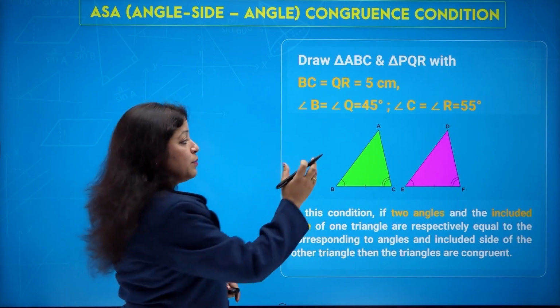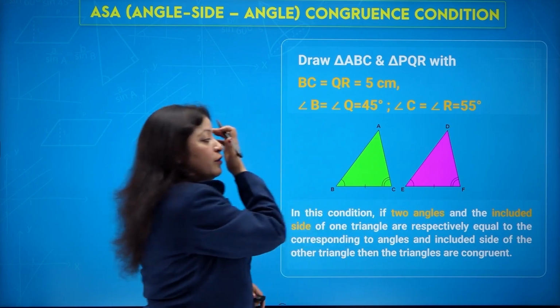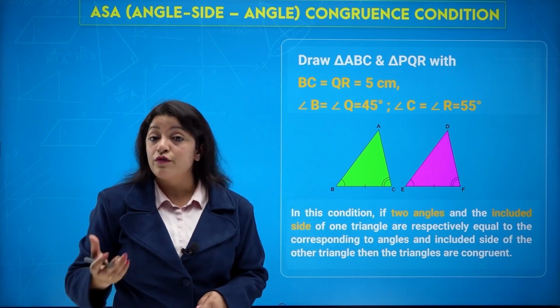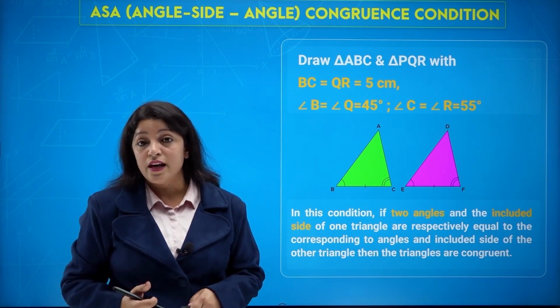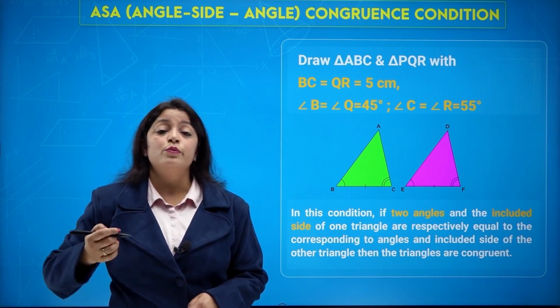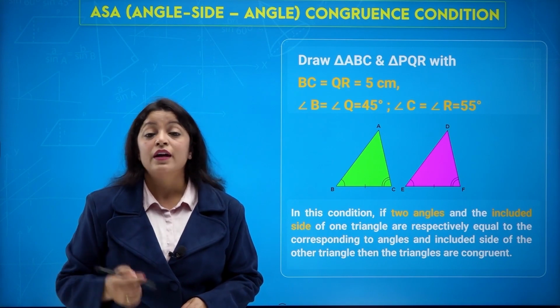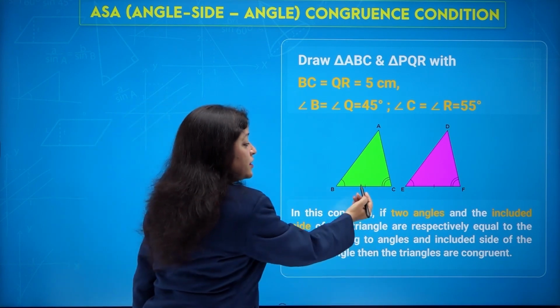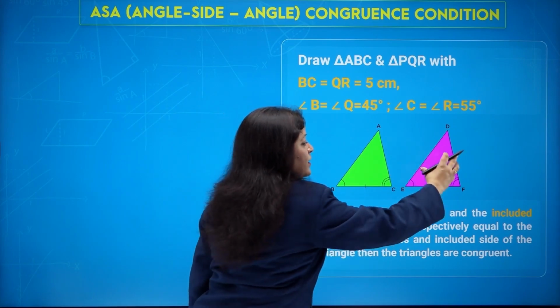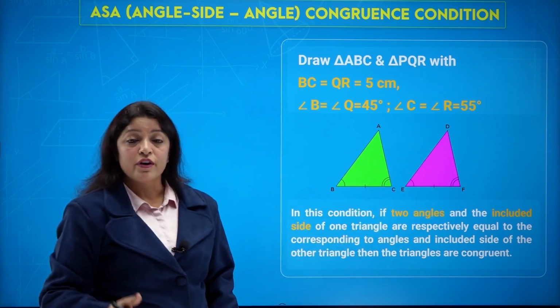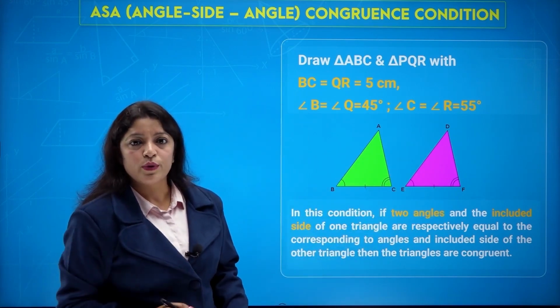That means if I put one triangle over the other, will I find that the two triangles are of exactly the same shape and size? Yes, in this case obviously the triangles will be congruent to each other, because the side here is included between the two angles. See, if I superimpose triangle ABC on the triangle DEF, will I get the two triangles congruent?